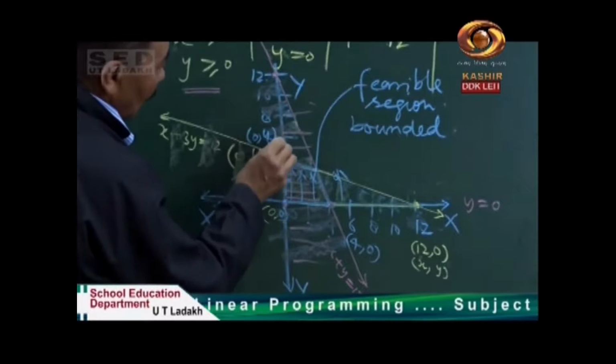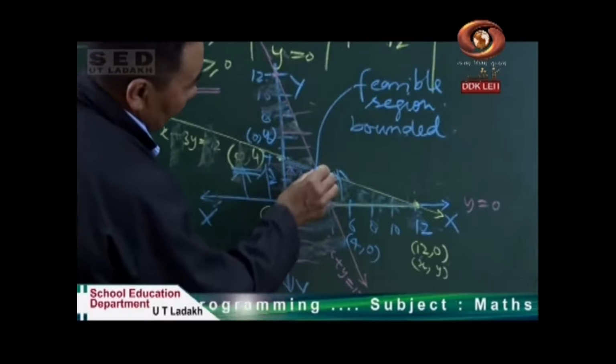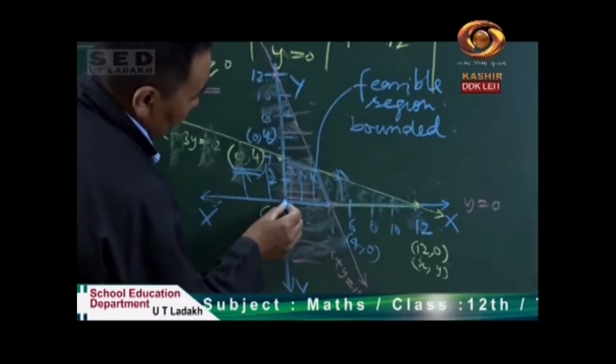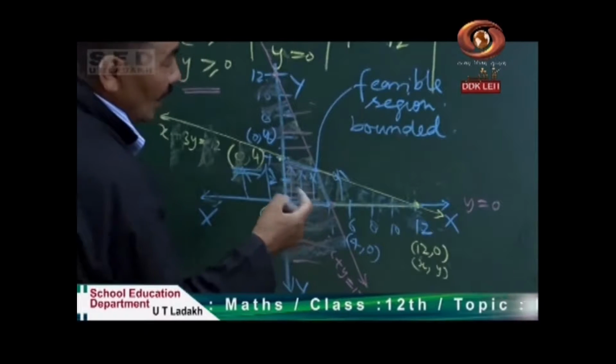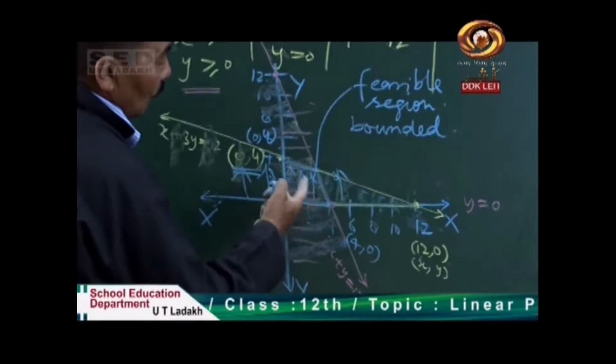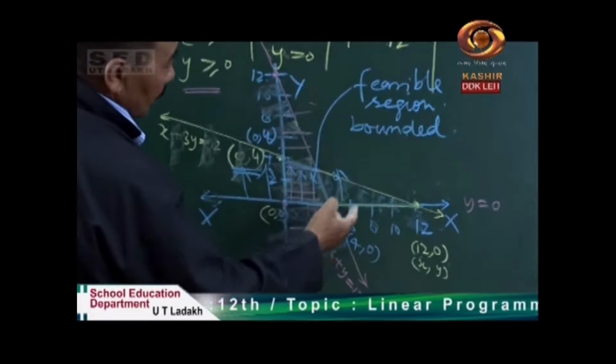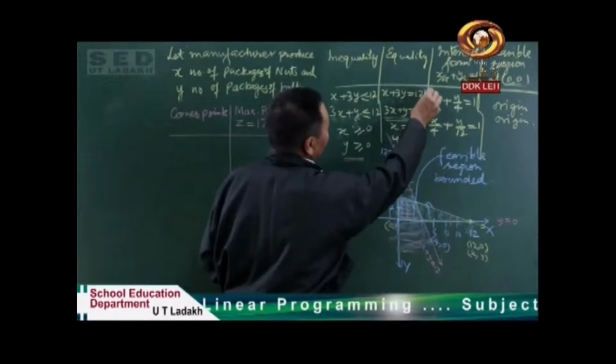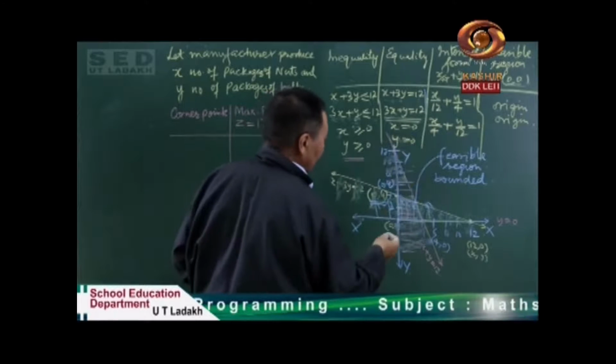This is the intersection of two lines. If we are not sure, then we have to solve these two equations simultaneously.